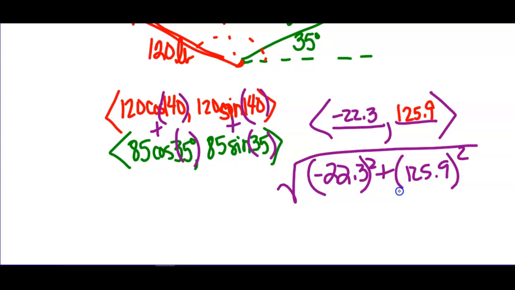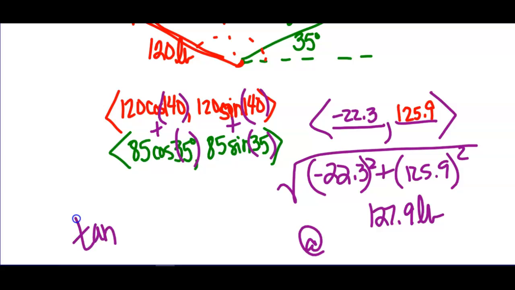I got 127.85 or 127.9 pounds of force at an angle of inverse tangent of 125.9 over negative 22.3. Now we're going to have to think about how we find this angle off the positive x-axis, because when there's a negative in here, it doesn't like our answer.